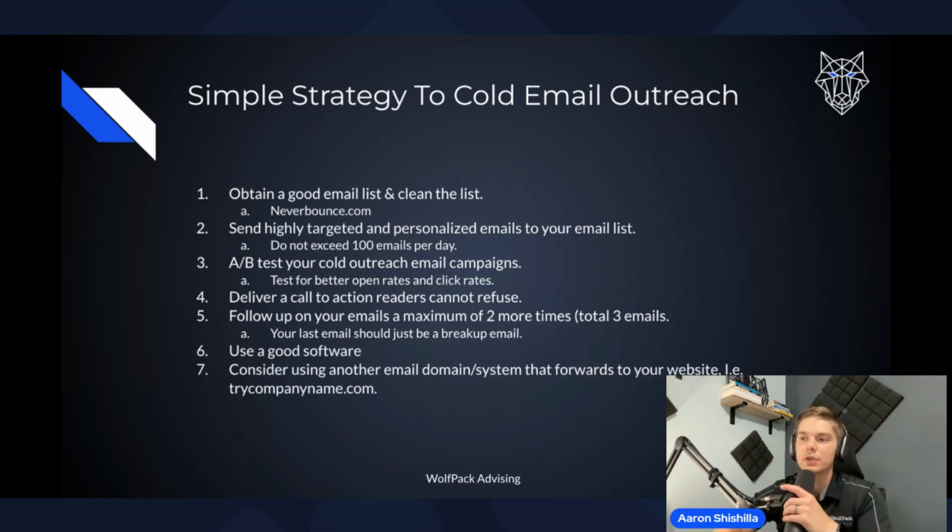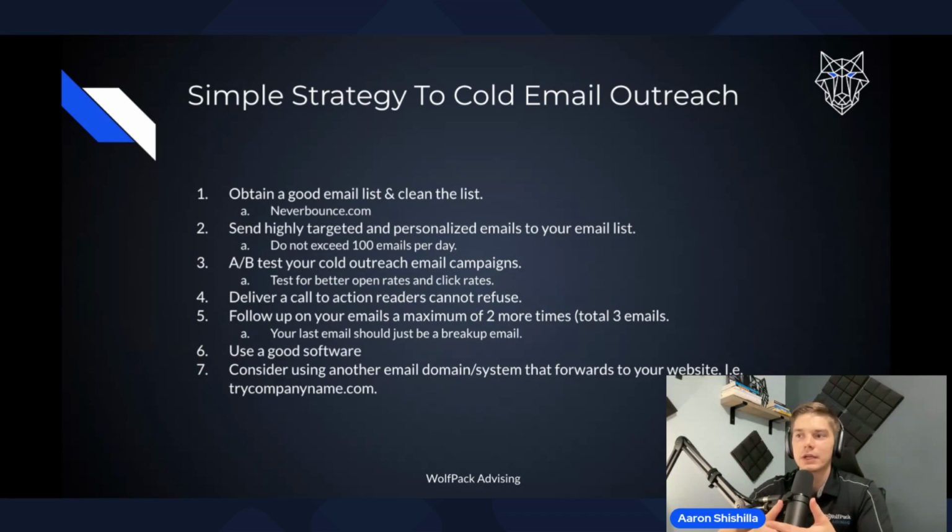And then finally, use a good software. Consider using another email domain system that forwards to your website. An example of this is, instead of using companyname.com, purchase another domain, such as trycompanyname.com. The reason being is because this can hurt your email deliverability.